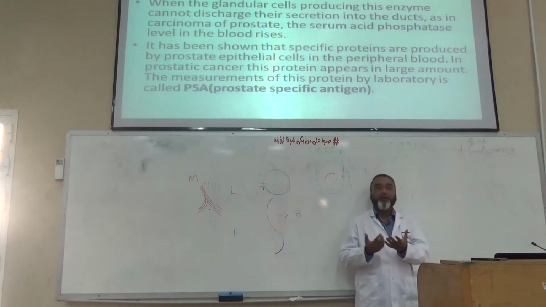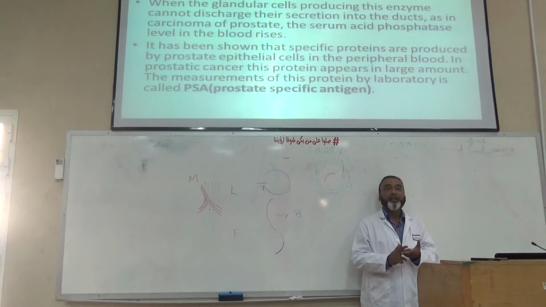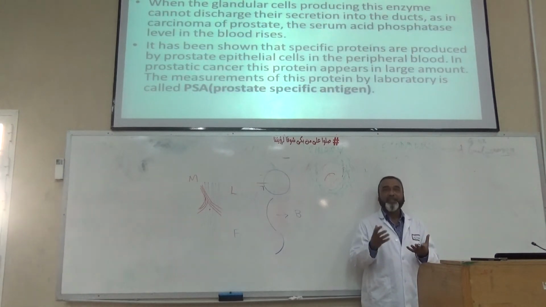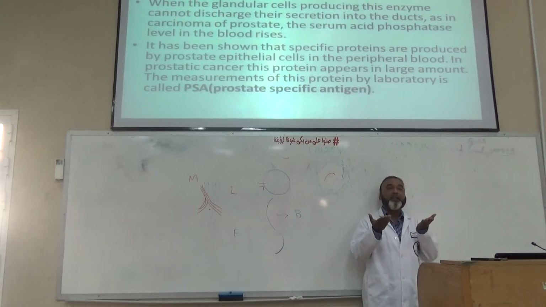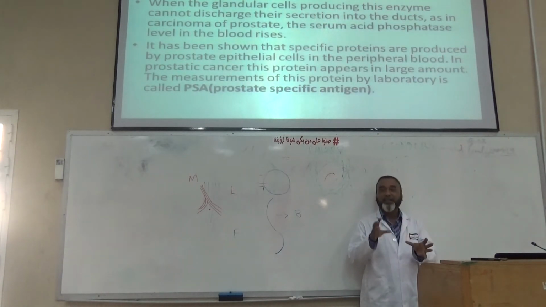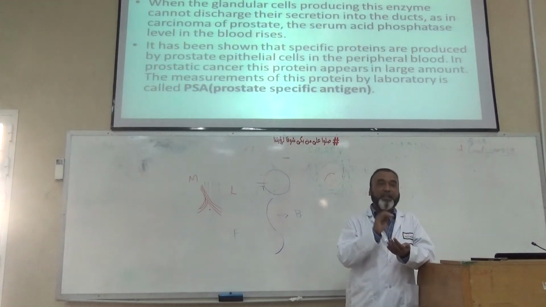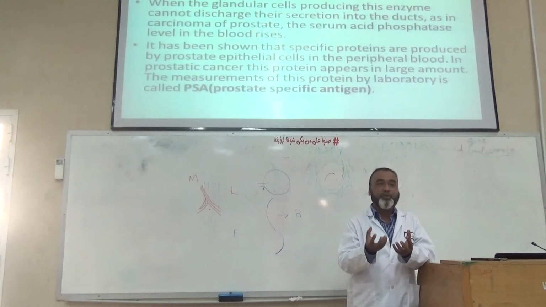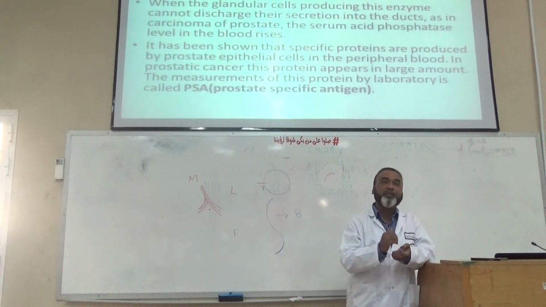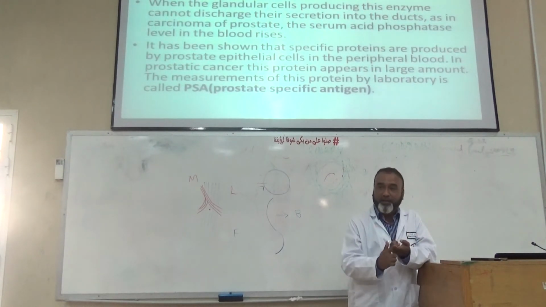These proteins specific for the prostate gland are named PSA, prostate specific antigens. Their level increases in the blood, which means there is some pathology within the prostate gland, and this pathology leads to blockage of its secretions into the urine, which then increase in the blood.